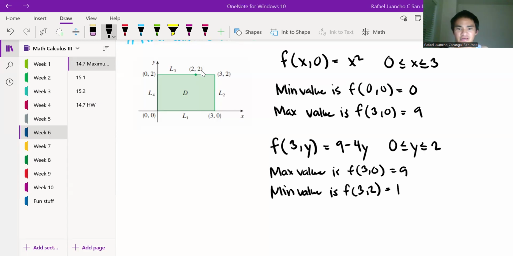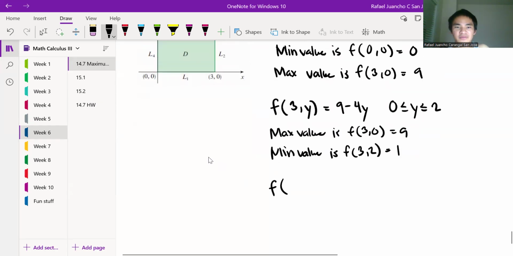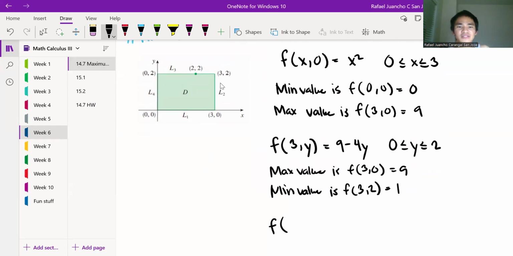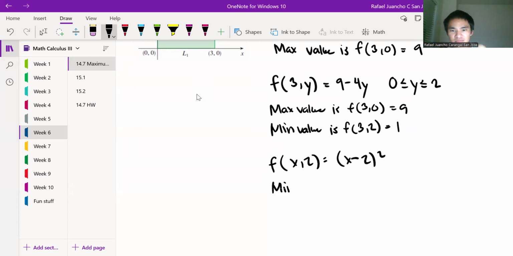And then on L3, we have y is 2. So here I have f of x, 2 is x minus 2 squared. And here we see the minimum is at f of 2, 2, which is just 0.